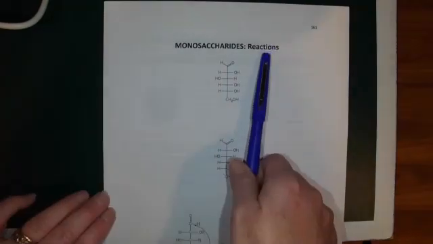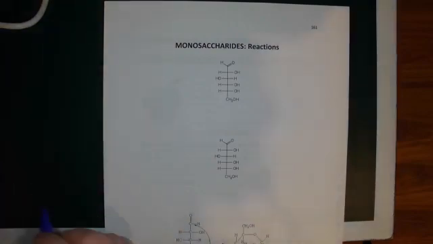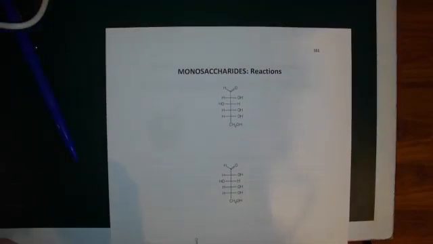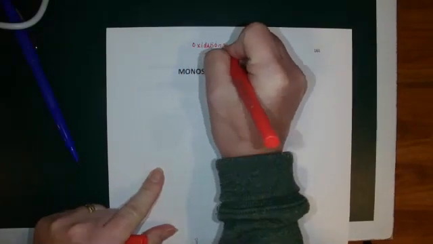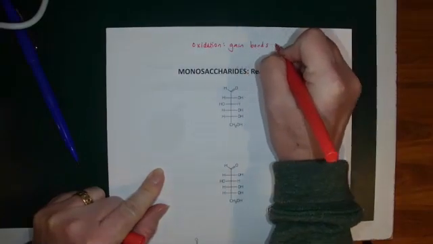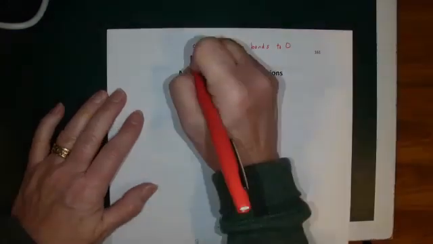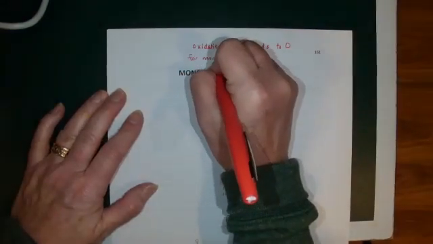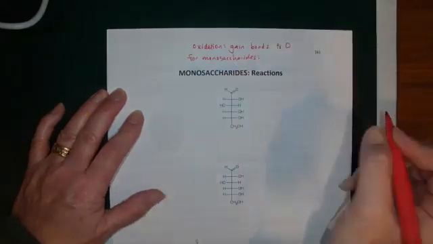So we want to look at the reaction, and specifically we want to look at oxidation. Remind yourself that oxidation is not different from what you've already learned. Oxidation means gain bonds to O. And with monosaccharides, it will typically be a weak oxidizing agent.